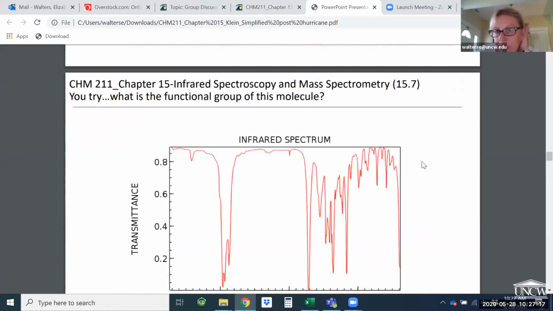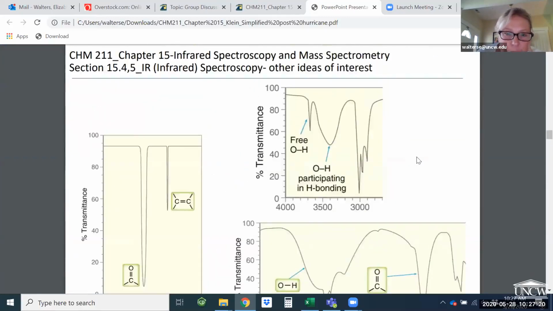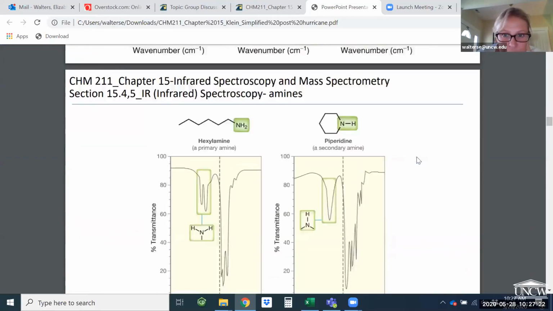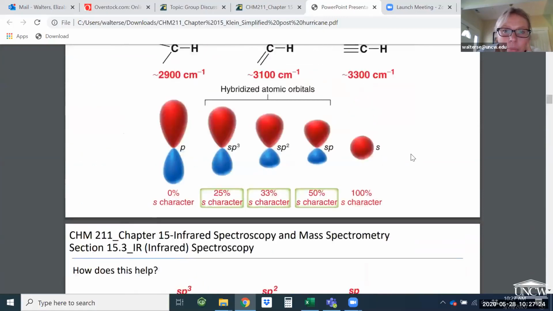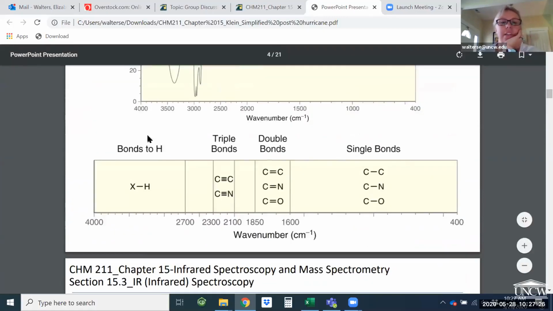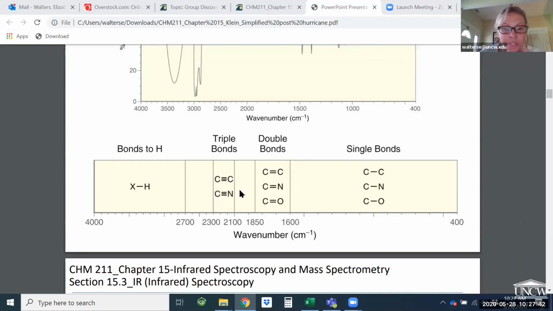But if you go back up, these are just prettier pictures of what I just drew. So these are things that we have in your slides. It's important, this is called a cyano group.